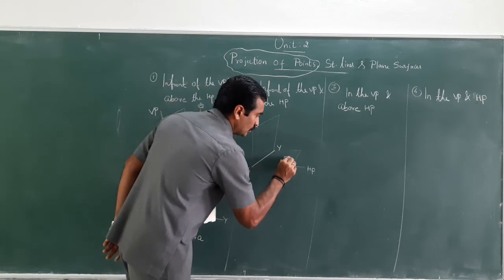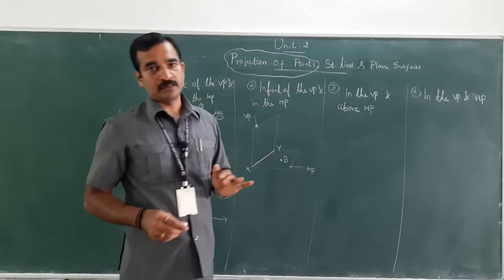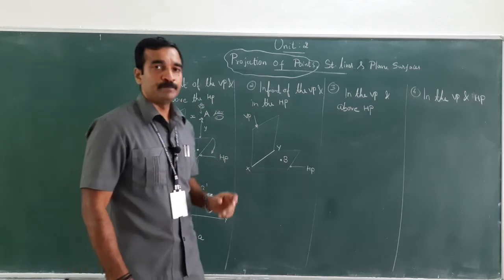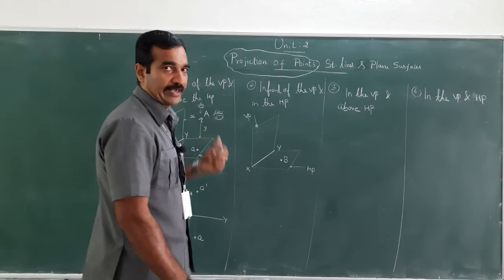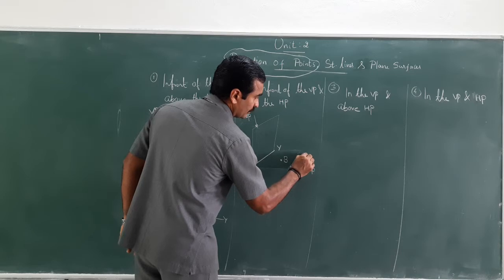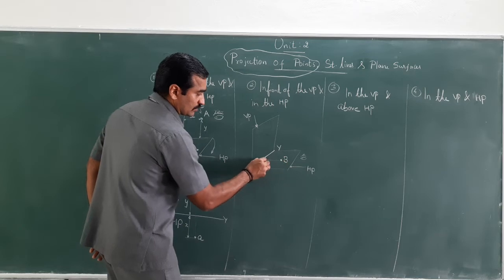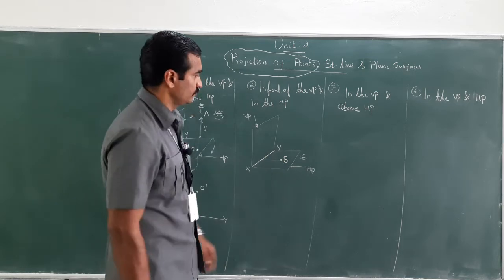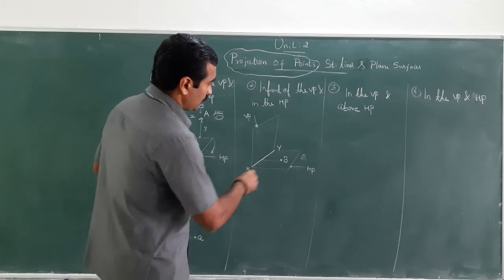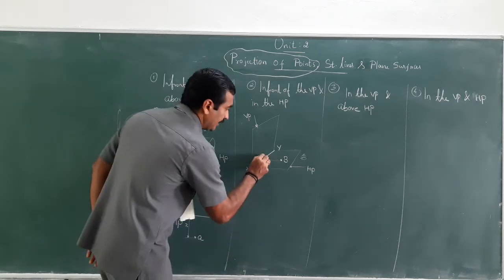As I told you, when you give the notation or naming, the object in space should be denoted with a capital letter, that is uppercase, right? When the observer is looking at the object from the front, its projection falls here. Then this can be denoted as B dash.